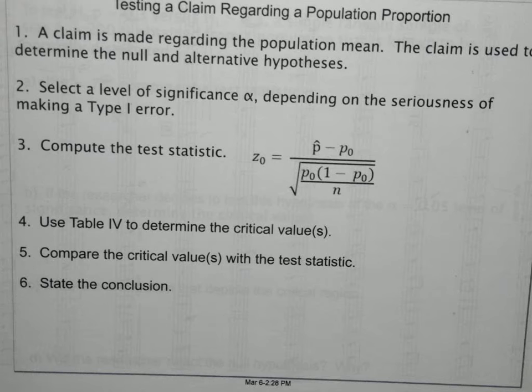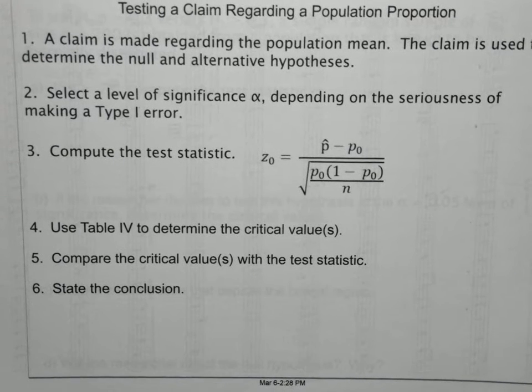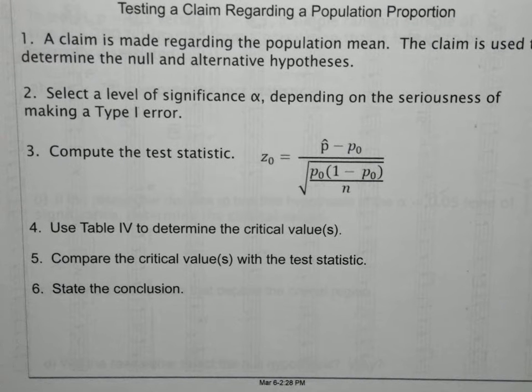So here it is. Going through the classical method first, testing a claim regarding a population proportion. A claim is made. The claim is used to determine the null and alternative hypothesis. Select a level of significance, alpha, depending on the seriousness of making a type 1 error. Compute the statistic. Oh, we're back to p hat.